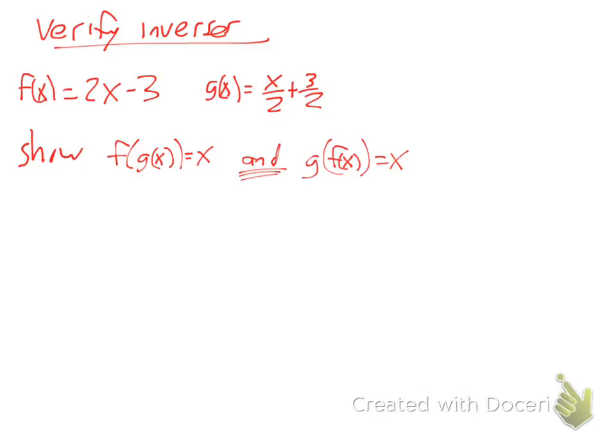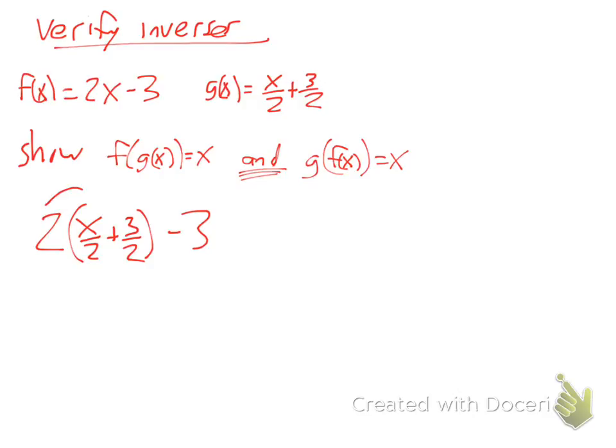So, let's do this. F of x, which is our first function on the outside here, is 2 times something minus 3. What's going inside it? It's g of x, right? Because it's g of x inside here. G of x is this: x over 2 plus 3 over 2. That should reduce down to x. Well, what am I going to do with the 2?